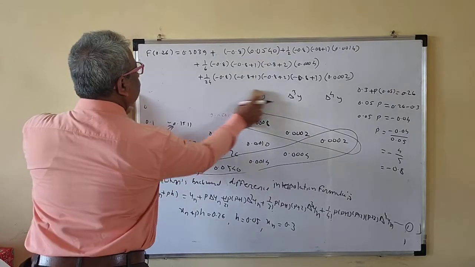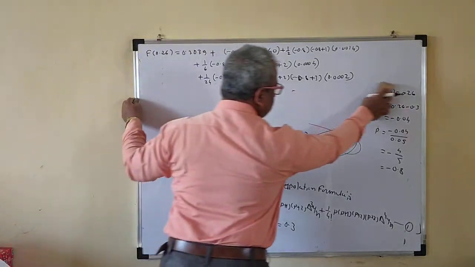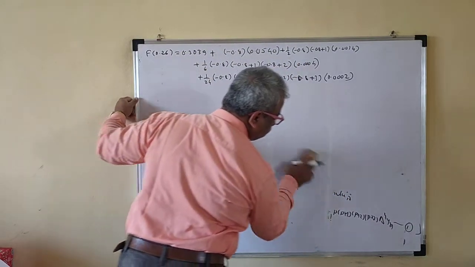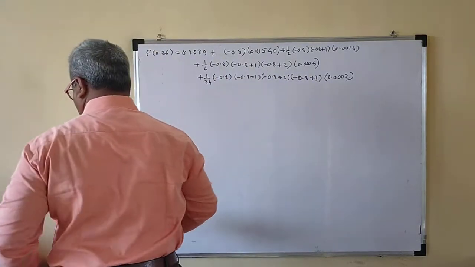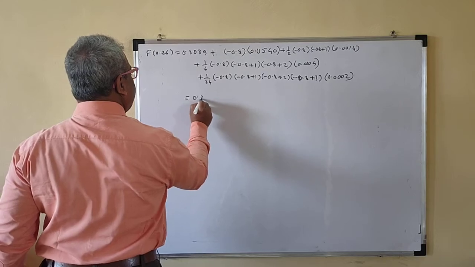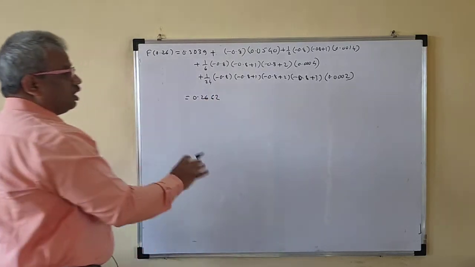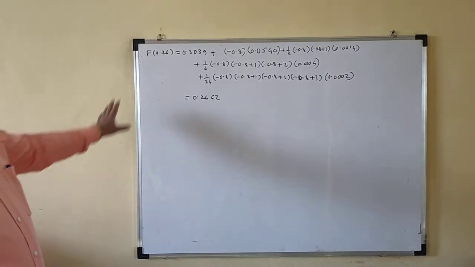Okay, now we don't need this now. After simplifying this, you get 0.2662. Just type this on the calculator.